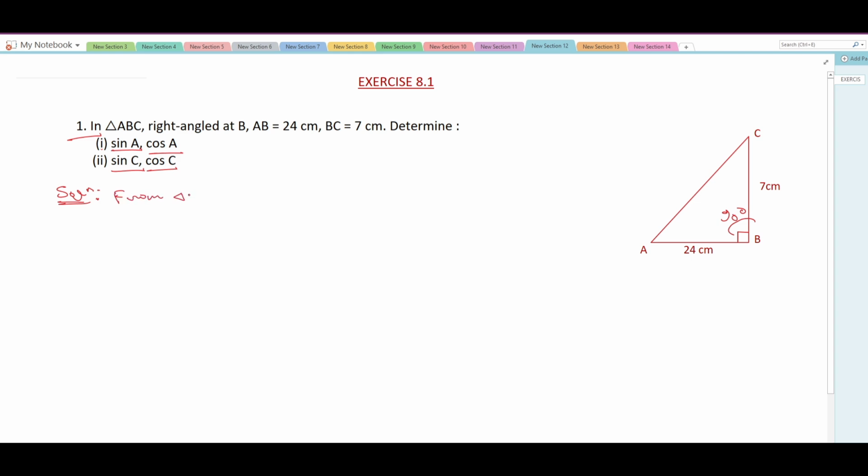From triangle ABC, we have AC square equal to AB square plus BC square, from Pythagoras theorem.